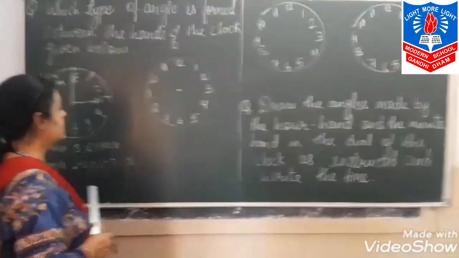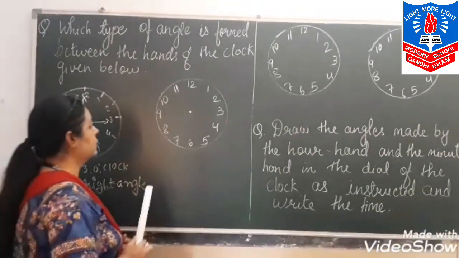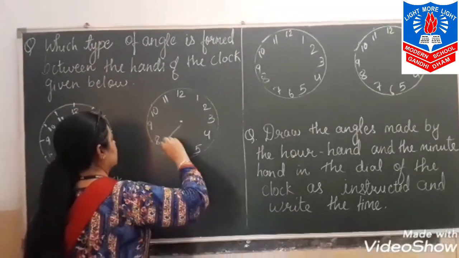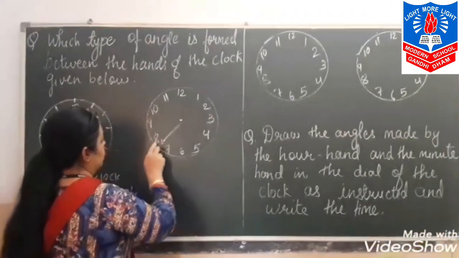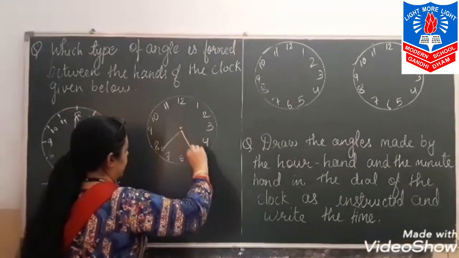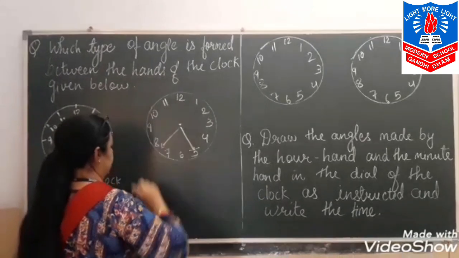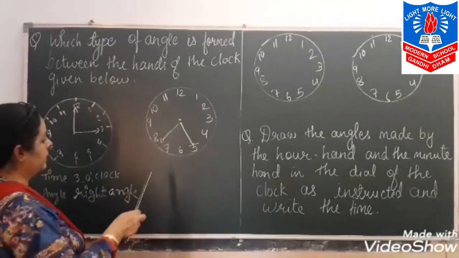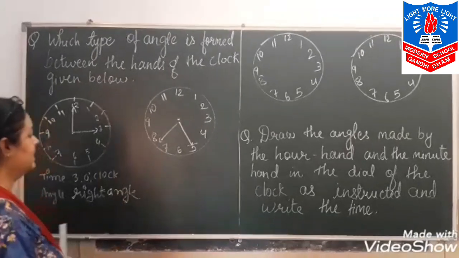Now we see the second clock. See, our hour hand is between 7 and 8 and the minute hand is on 5. Which angle is formed? More than right angle or less than right angle?